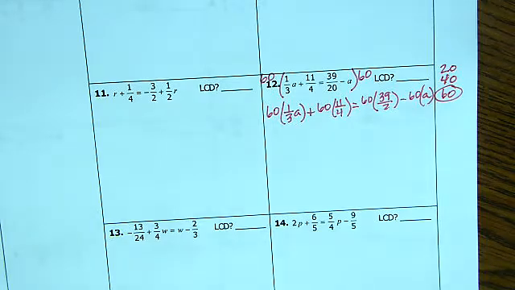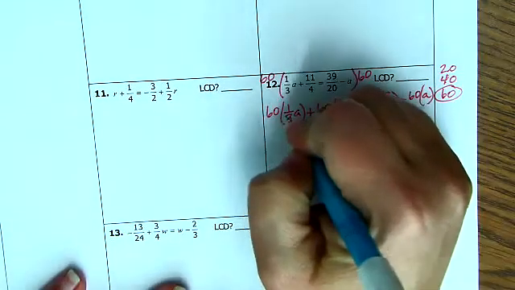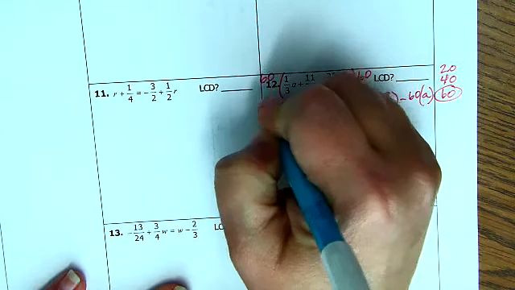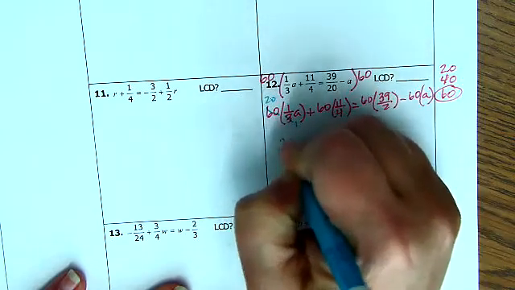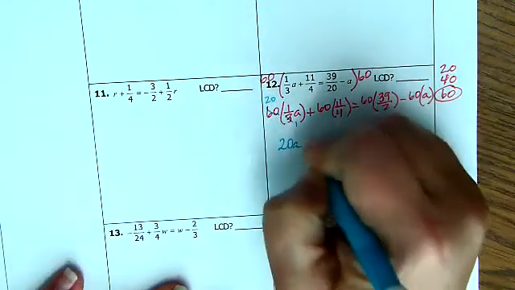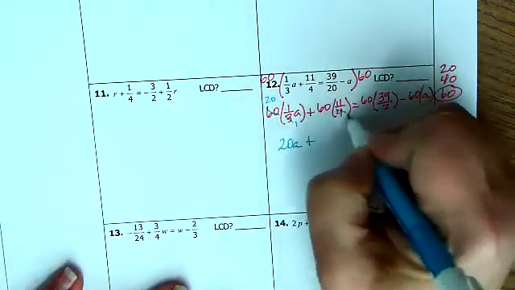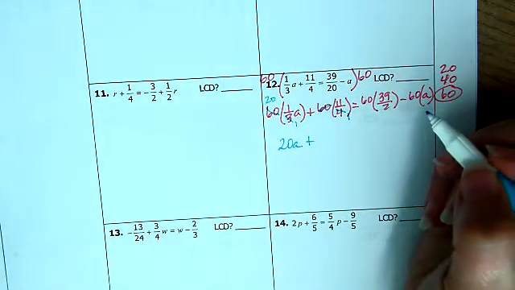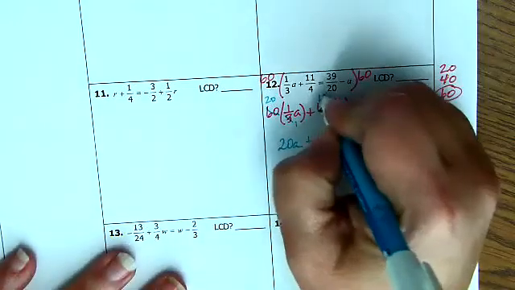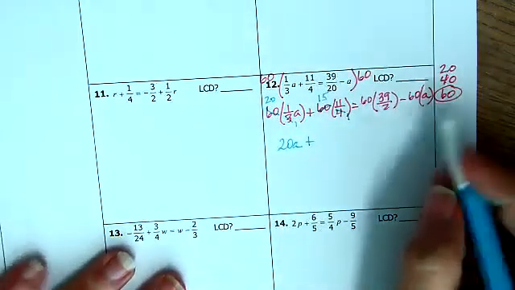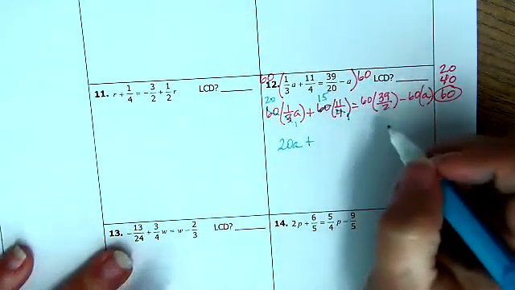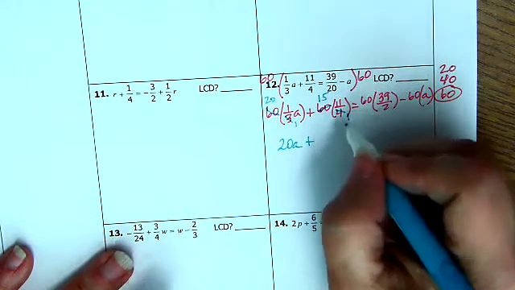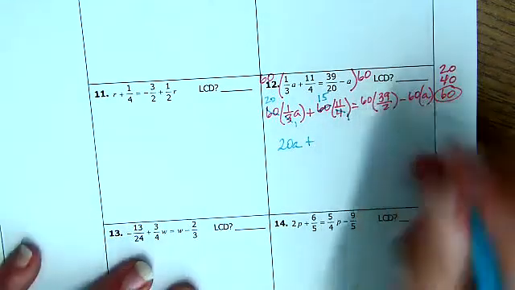And now I simplify. All right, 3 goes into 3 one time, 3 goes into 60 20 times. So I have 20a plus 4 goes into 4 one time, 4 goes into 60. I think that's 15. So yeah, 15.